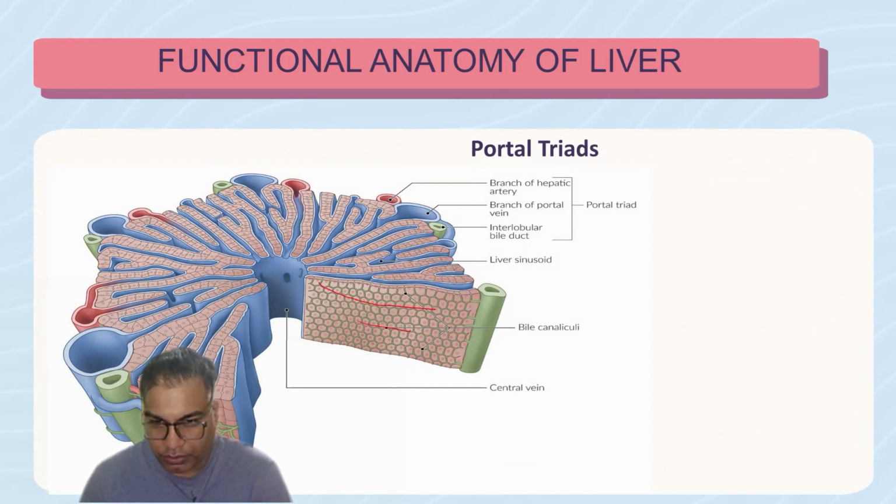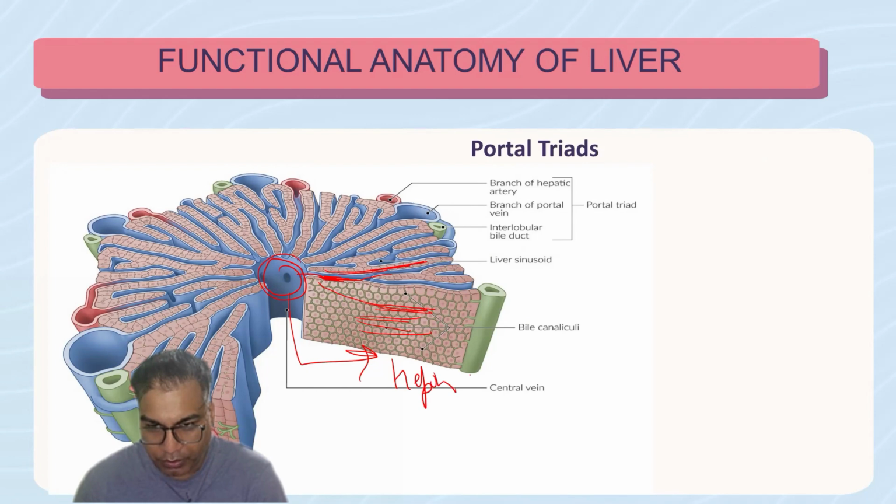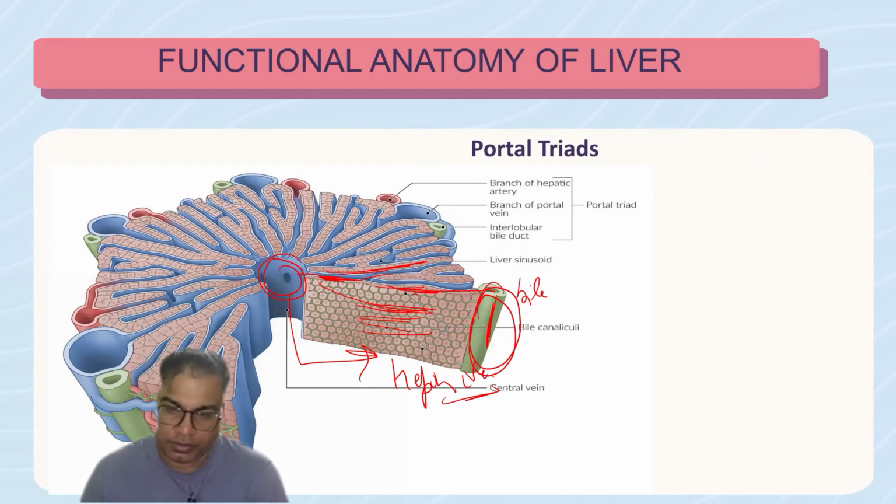This one is the column of hepatocytes, which forms hepatic plates. These are the sinusoids, which open into the central vein, which finally leads to the hepatic vein. And between these two columns, bile canaliculus is also present, which finally opens into the bile duct.